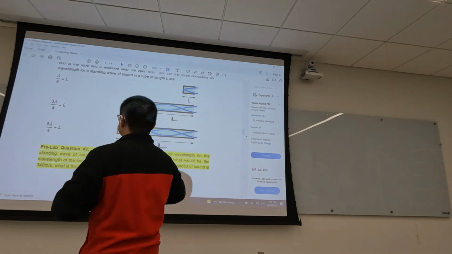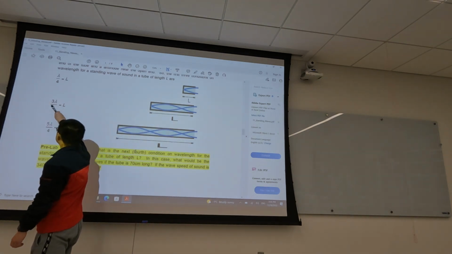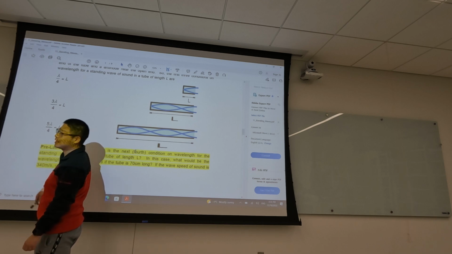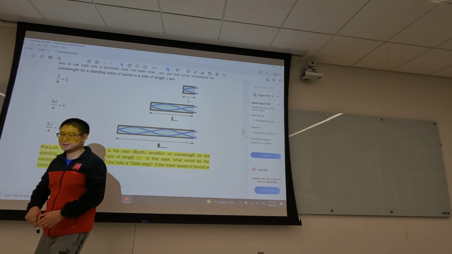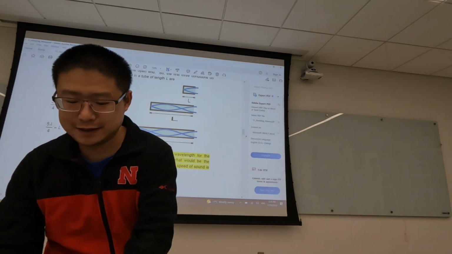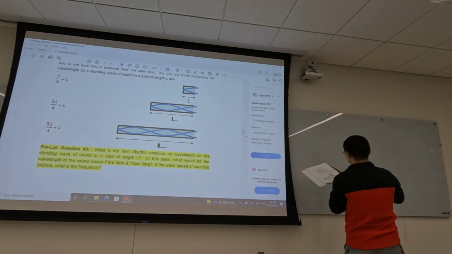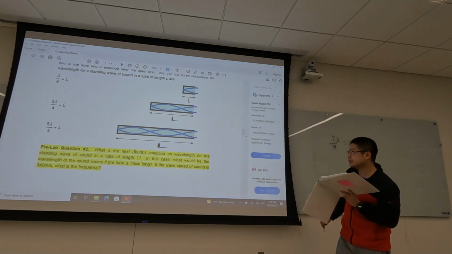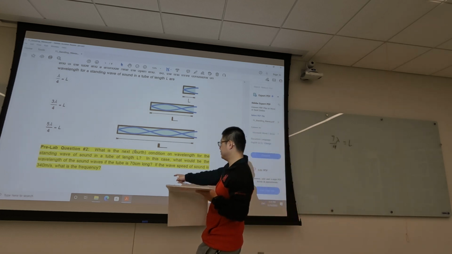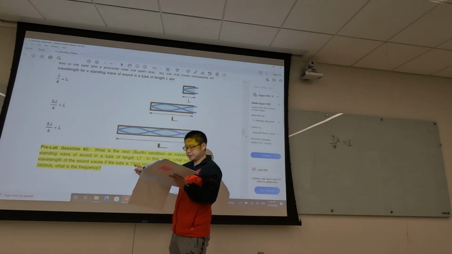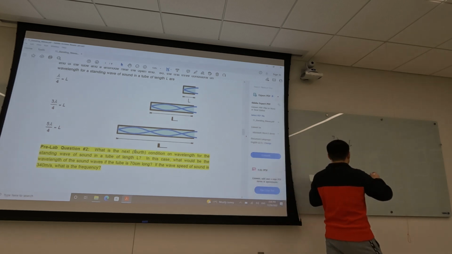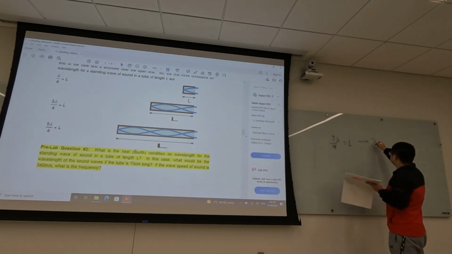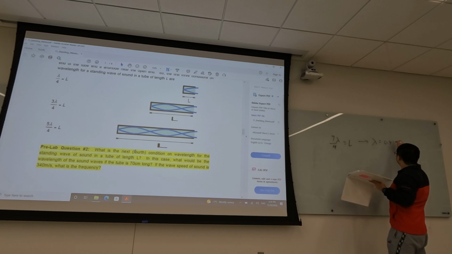So this is lambda over 4, 3 lambda over 4, 5 lambda over 4. The next one is 7 lambda over 4. So 7 over 4 lambda equals L, and we know L, because L is 70 centimeters. Based on this, we can calculate lambda equals 0.4 meter.